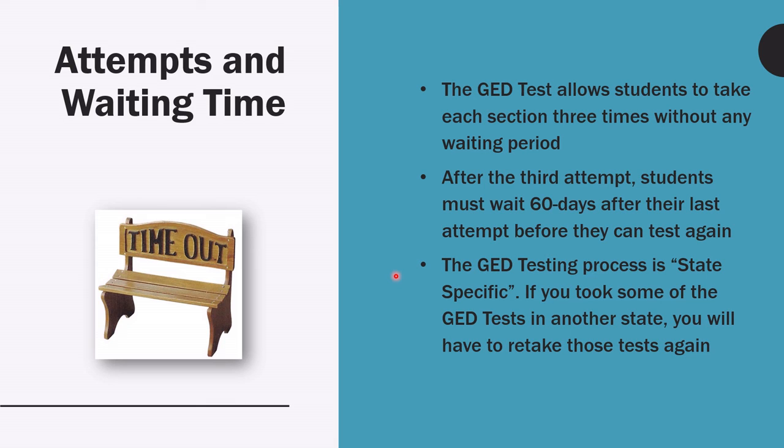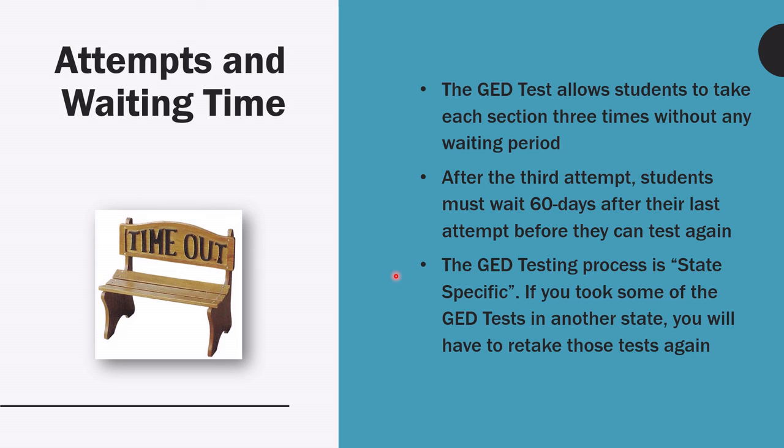Now, this is what's happening at the time that I'm recording this video, and based on my own experience, it might be different after a while, but this is the information that I obtained at the time of recording. So just stay in the same state where you are taking your test. Once you get your GED diploma, it is going to be good nationwide or worldwide, if you want to call it that, and you will be good to go.